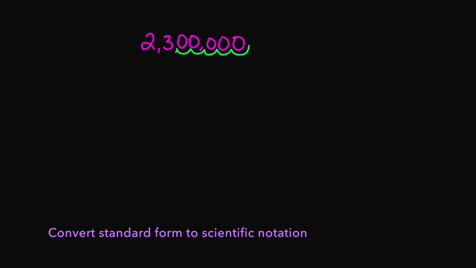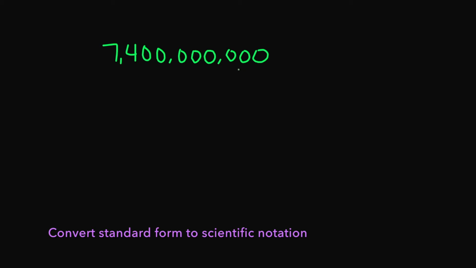So I'm going to go over one more and I'm going to stop right here between my 2 and my 3. So this is going to be 1, 2, 3, 4, 5, 6. It puts us right here. So my scientific notation is going to be 2.3 times 10 to the 6th power.